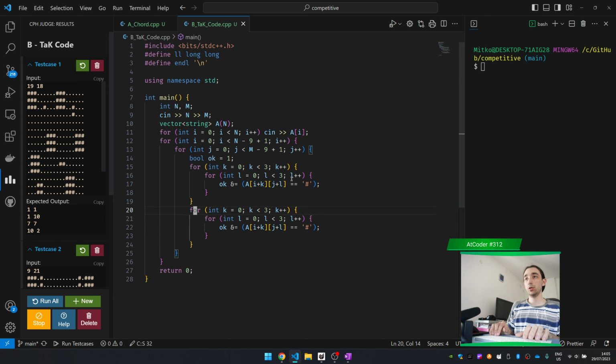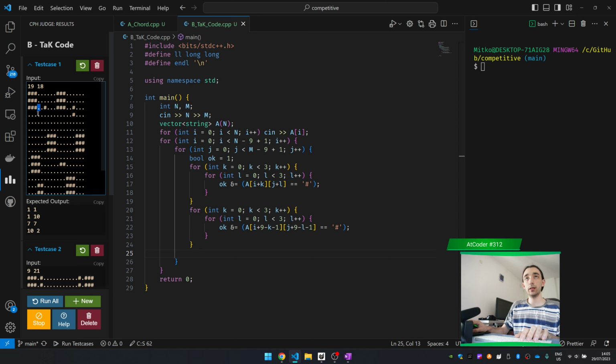Also I need to check the last one, so here that's plus 9 minus K minus 1 and plus 9 minus L minus 1. These are also, and then you need to check that these here are also like this.